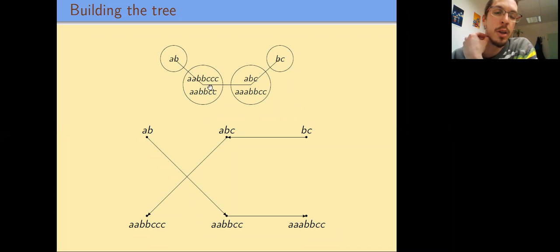So we can label the corresponding vertex of the tree with that set. So again, AB here. Here we would have ABCC. Here we would have A. And here, because there is nothing into BC, we get BC. So this gives you the vertex labels.